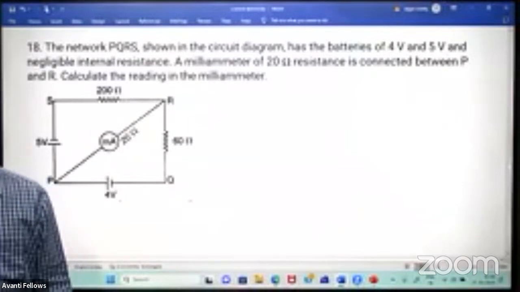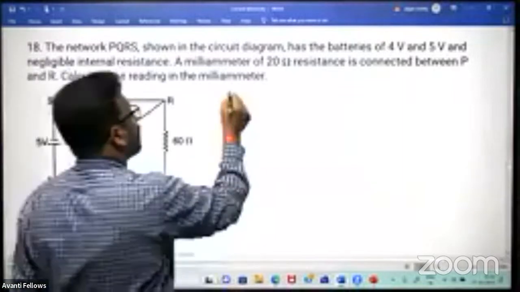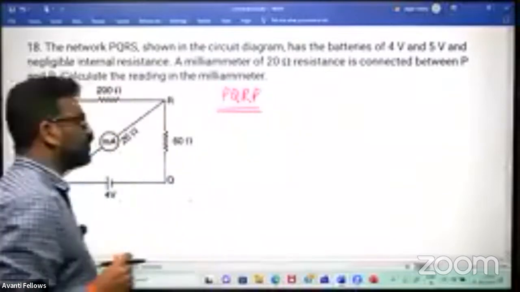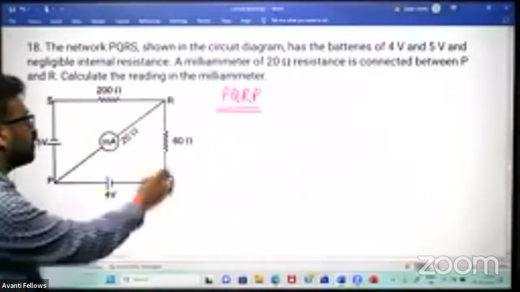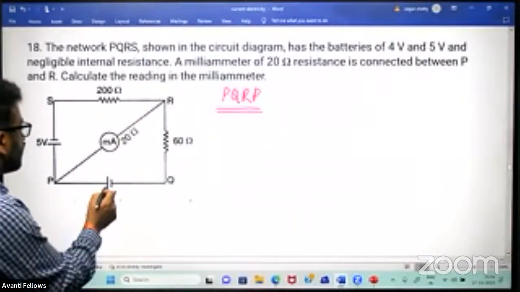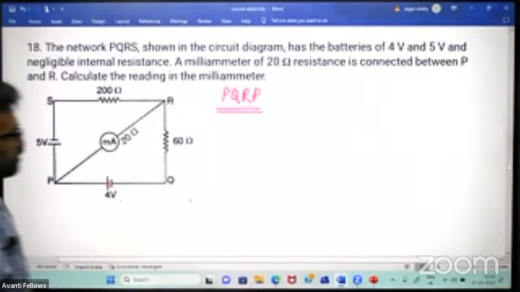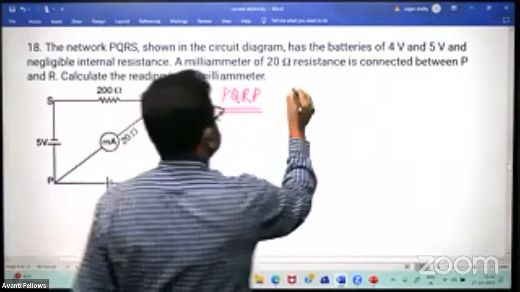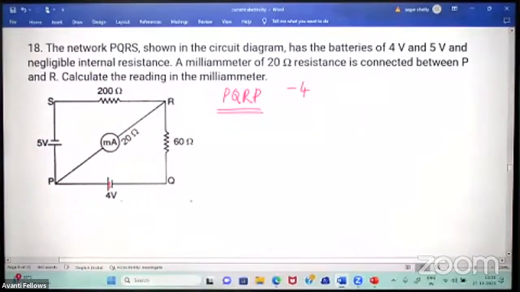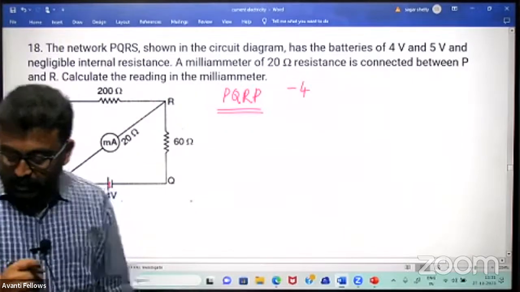In the first loop, PQRP, we are going from positive to negative through the electrolyte, so it will be -4. Then a 60 ohm resistance is there.